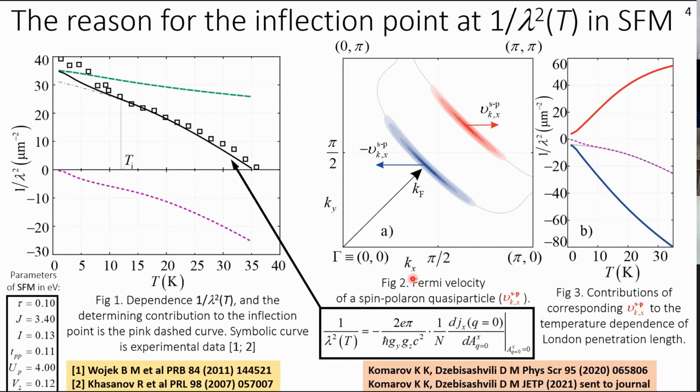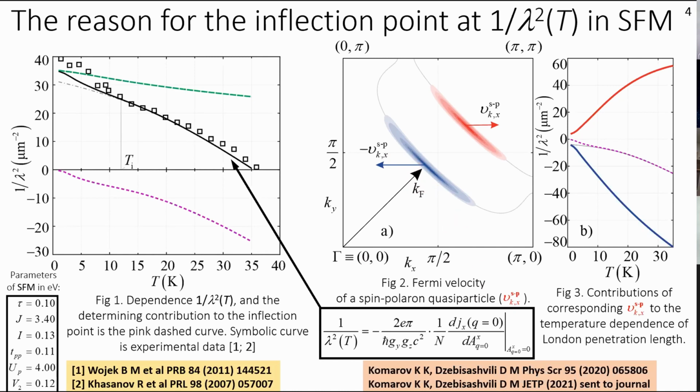These two regions are shown in the first quadrant of the Brillouin zone. It is important that the Fermi velocity in each of these regions has a different direction: red on the right, blue on the left.